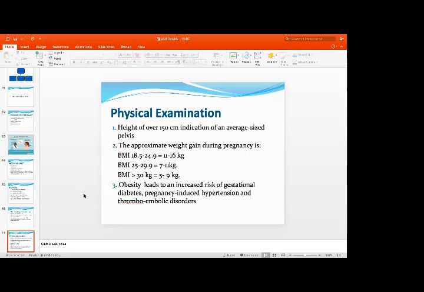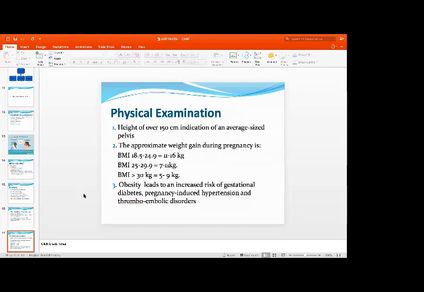between 18.5 to 24.9, the average weight gain should be 11 to 16 kg during pregnancy. And if she is overweight, that is a BMI of 25 to 29.9, then the weight gain is a little less, that is 7 to 11 kg.